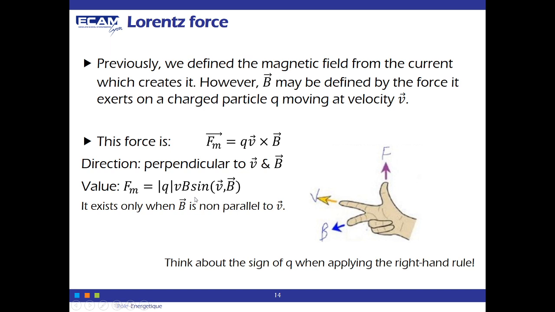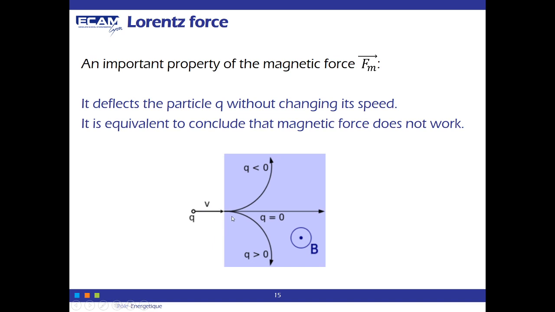At time t1 the force will be F1, and at time t2 the force is F2, and the difference is going to be zero. This is why the magnetic force does not do any work. Is it clear?